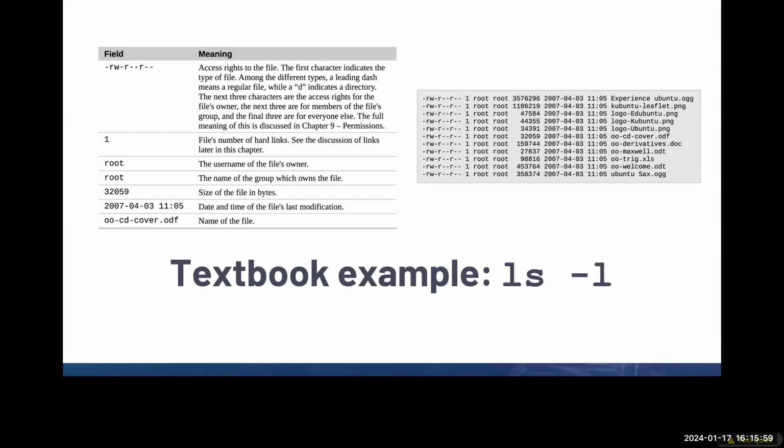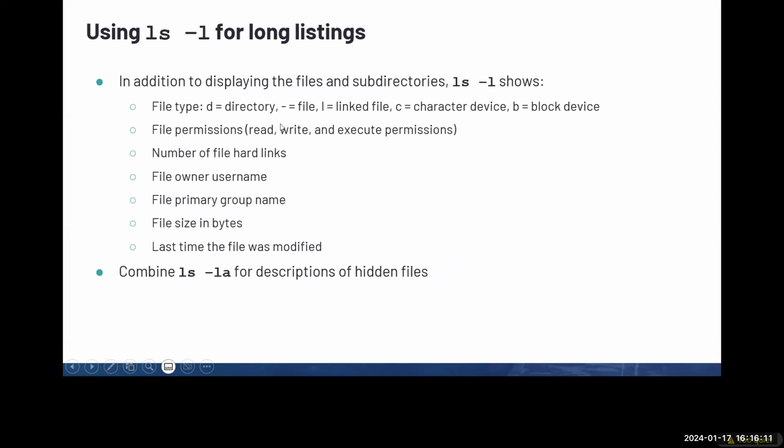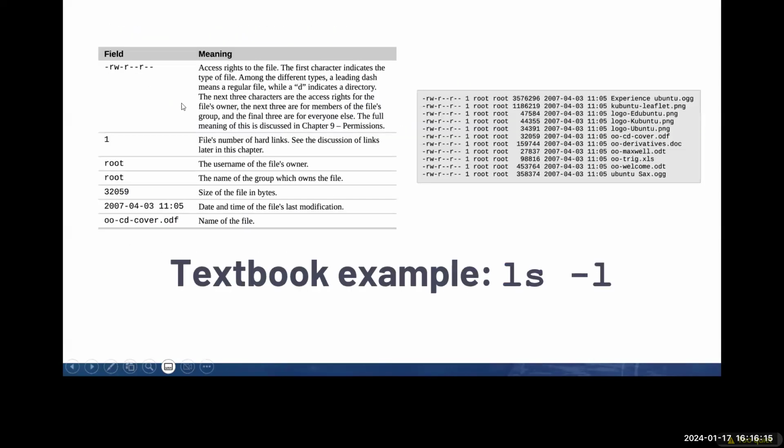Let's see. If we put ls -l, this is the table on the left. This contains the permissions. We mentioned that dash here will mean file. If we find d here instead of the first dash, it means it is a directory. If it is dash, we are checking the permissions for a file.